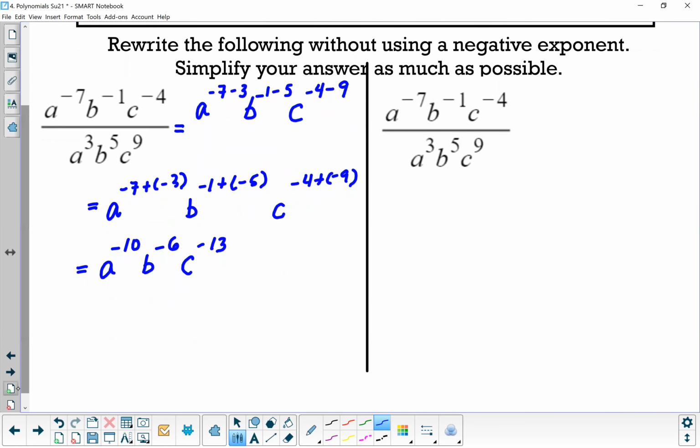Okay, we have all negative exponents, but we need to take the reciprocal of this entire expression. So that's going to give us 1 over a to the 10th, b to the 6th, and c to the 13th power. Done.